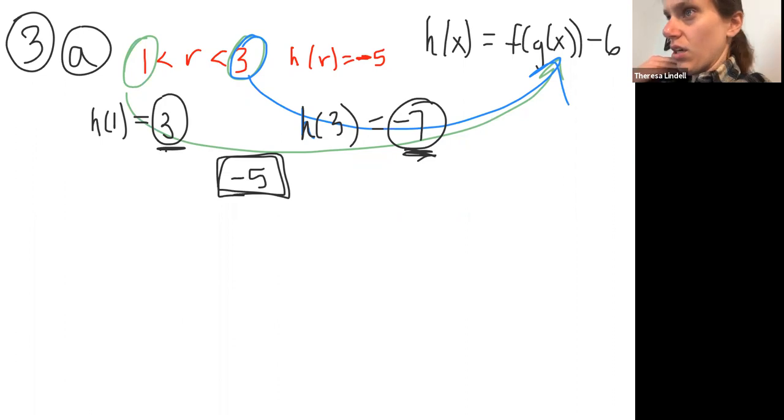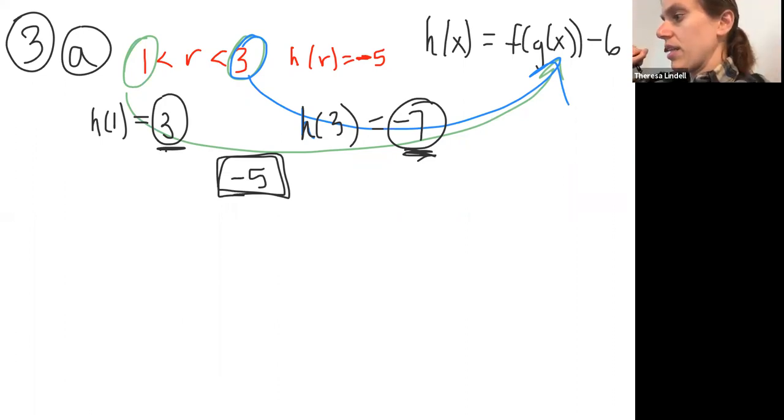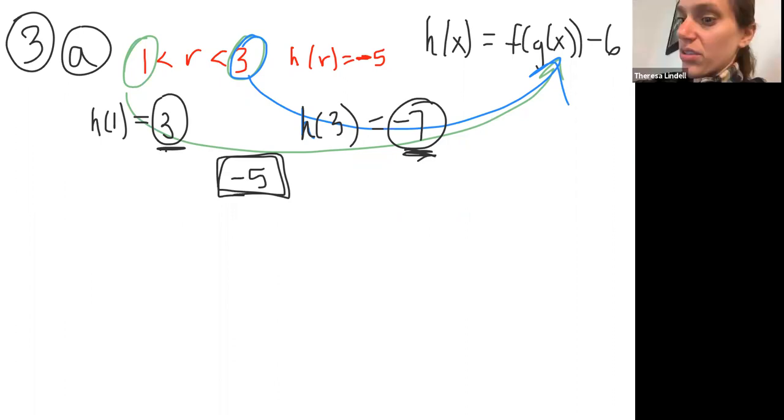No, so it's not the MVT. Between those, would it be IVT or EVT? Is this talking about max or mins, or maybe something in between? In between. Yeah.